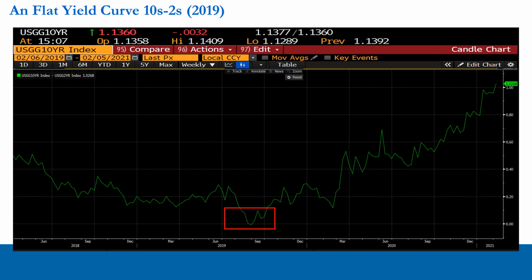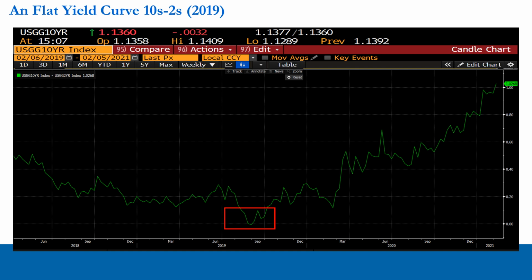And it actually went to the zero bound, which means the yield on the 2-year was the same as the 10-year. And then later in the year, the curve actually steepened, where 10-year rates were higher than 2-year rates. But what's interesting about this is that it never went negative. That's an important moment in financial markets history, and we'll come on to that a little bit later.